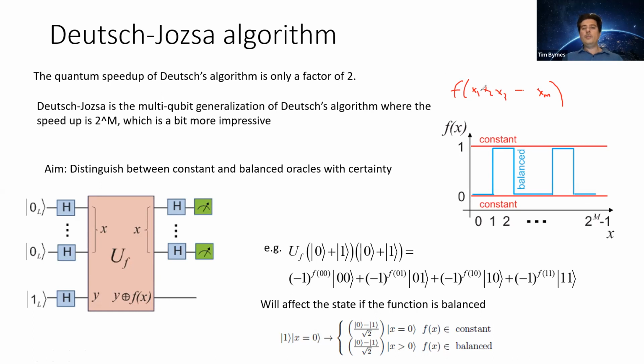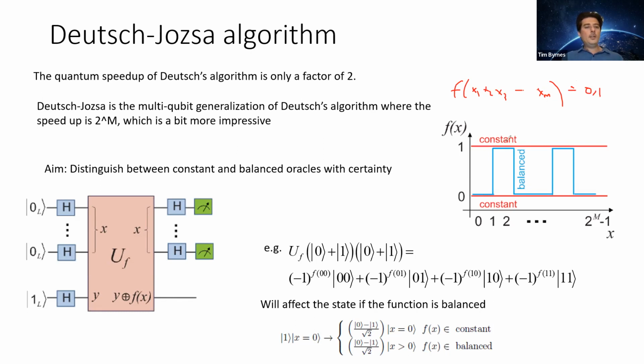Each one of these binary variables, x1, x2, can be 0 or 1, so there are 2 to the power of m combinations on the input. The output is still either 0 or 1. We're going to have these functions, and there are going to be all kinds of different functions.